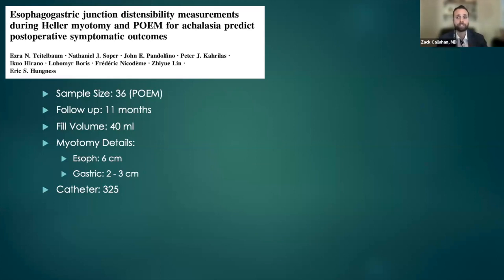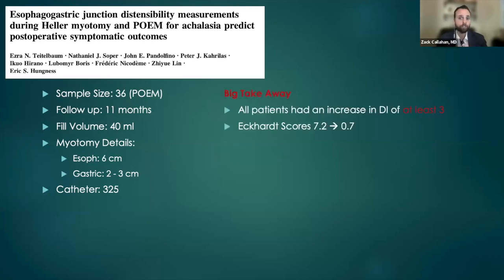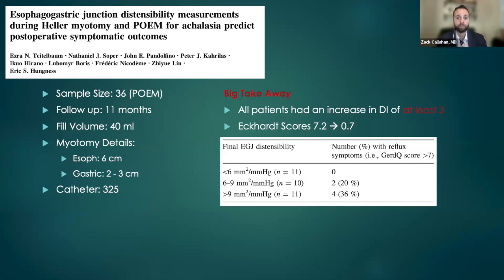So this is the earliest study. It was done at Northwestern, looking at EndoFLIP measurements and outcomes. They had 36 POEM patients that had EndoFLIP data, Eckardt scores, and they used the GERD-Q data. They showed that after POEM, all patients had a DI greater than 3, and the entire population had a significant drop in Eckardt score. To help determine how open is too open, they split the cohort into thirds and looked at patients with a GERD-Q score greater than 7, finding that none of the patients with a DI less than 6 had positive GERD scores.